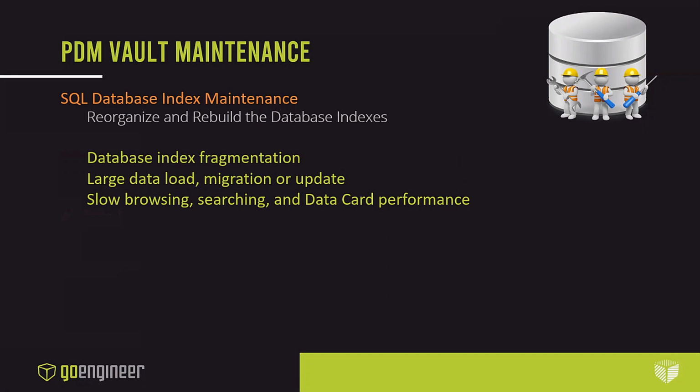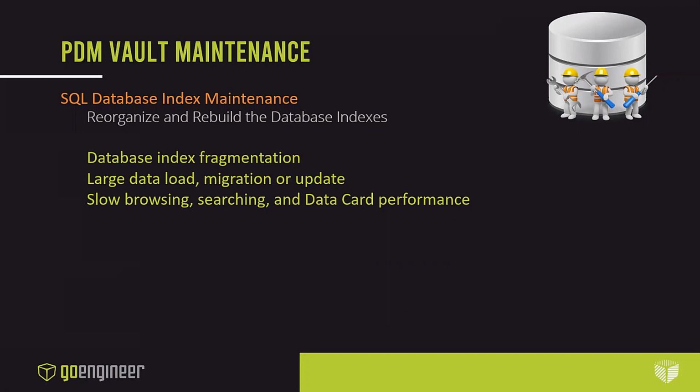Over a given amount of time and usage of PDM, the table indexes grow quite large and they get fragmented. This also happens during very large data loads or migration, or an update can cause a lot of fragmentation.